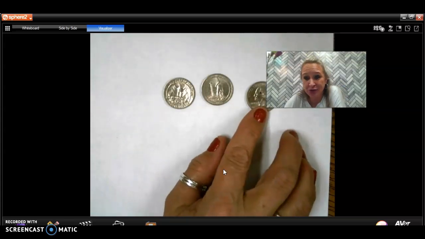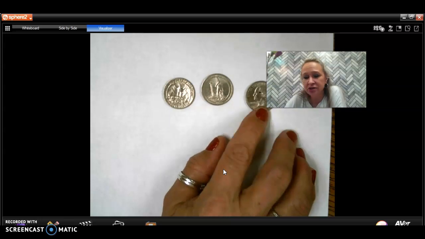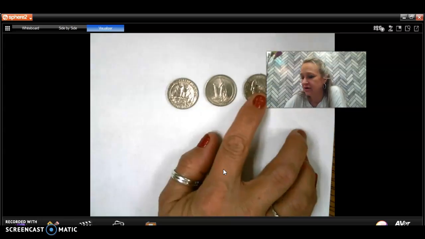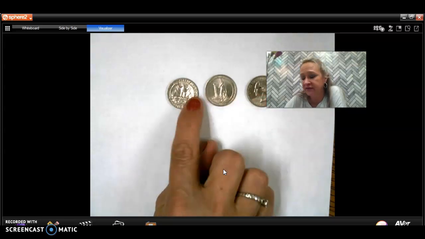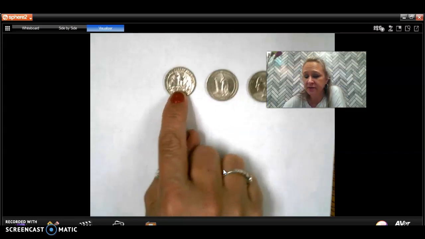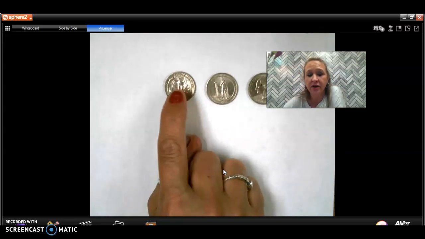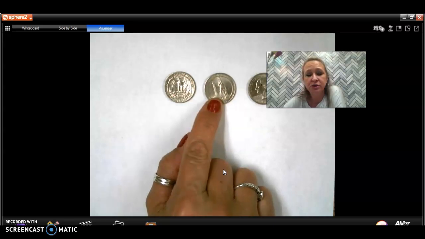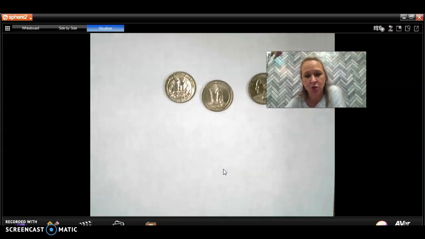That is George Washington. George Washington is on the front of a quarter. He is on the front side. Now on the back of a quarter, some of the older quarters still have the bald eagle. There's a bald eagle on the back of a lot of quarters, but a lot of other quarters have pictures from different states. They're called the state quarters.